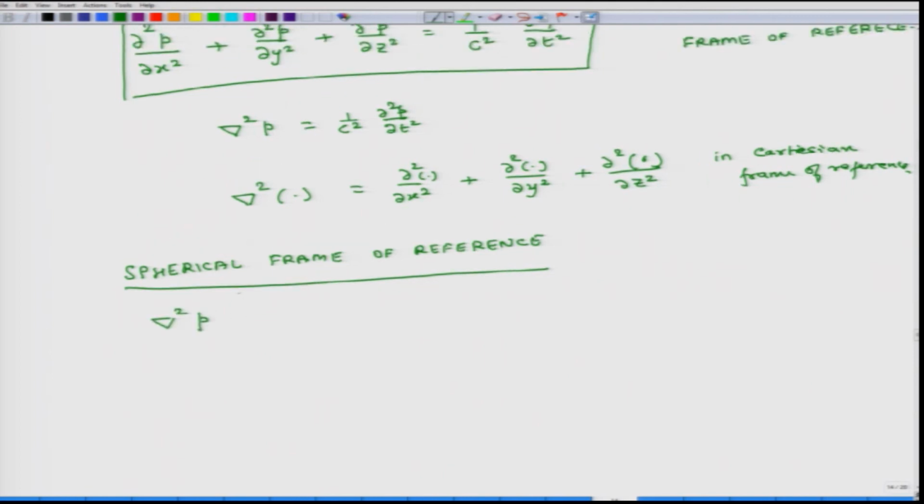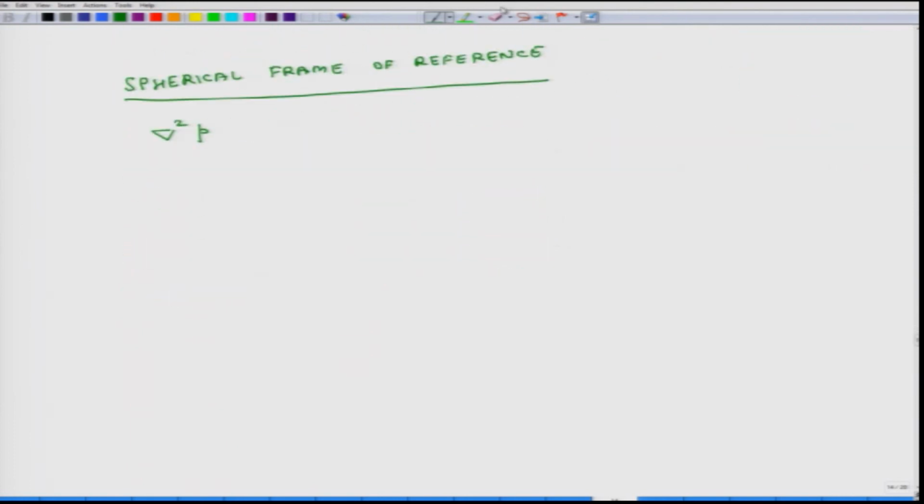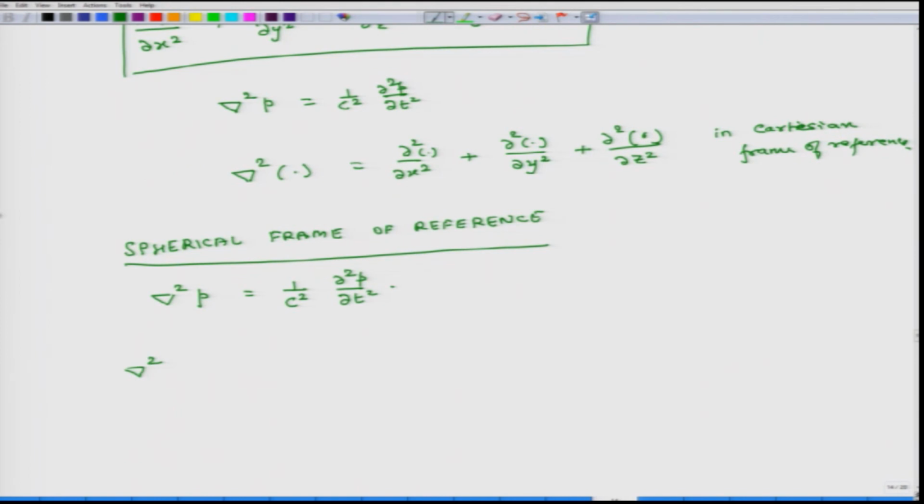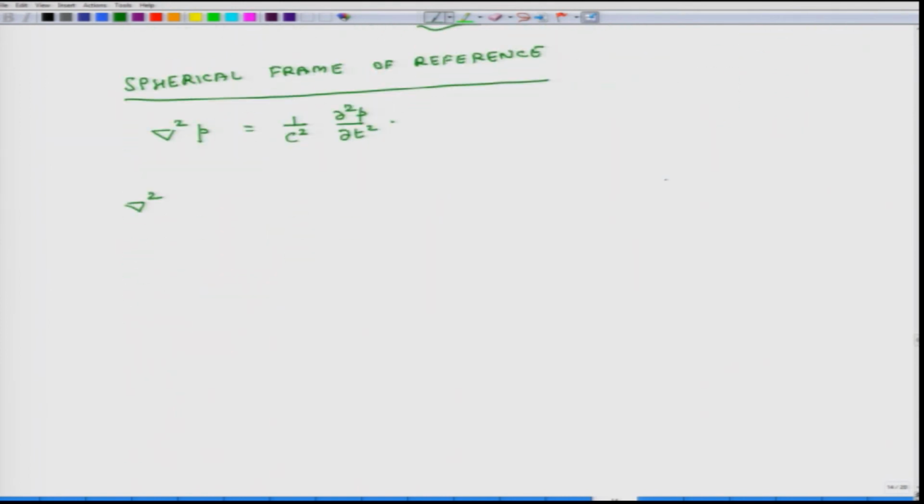It is del square or grad square p equals 1 over c square del 2 p over del t square. It does not change, but the definition of this operator changes. In the Cartesian frame the definition of the operator was this entire thing. In the spherical frame our coordinates are r, theta and phi.